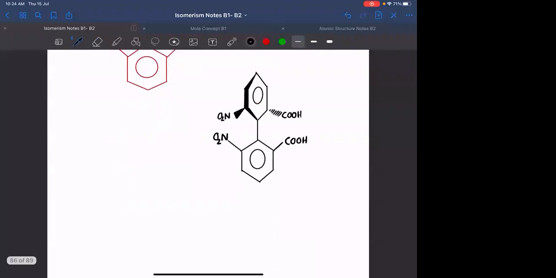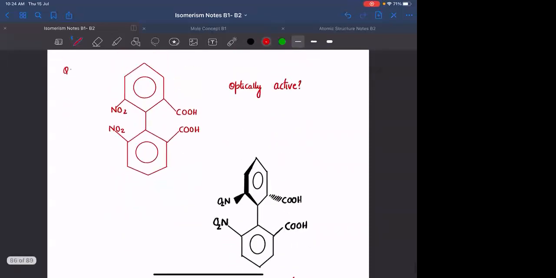So this particular molecule is optically active. Okay. सर Yeah, tell me.